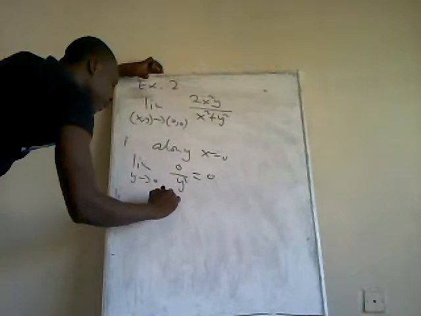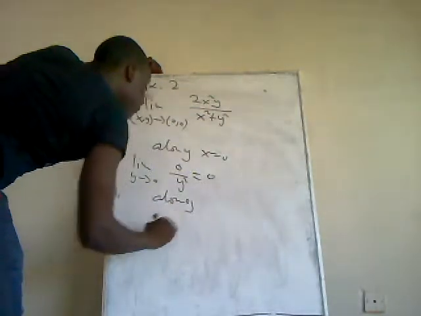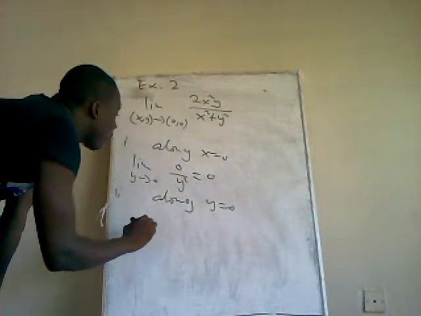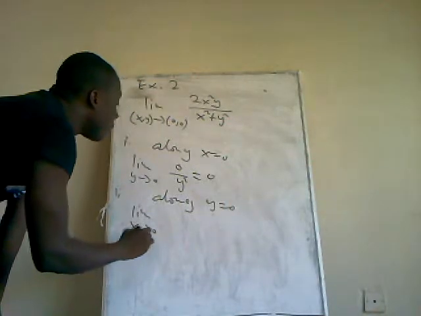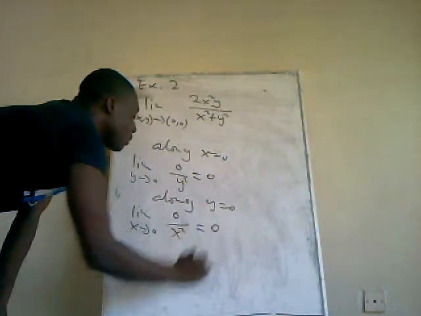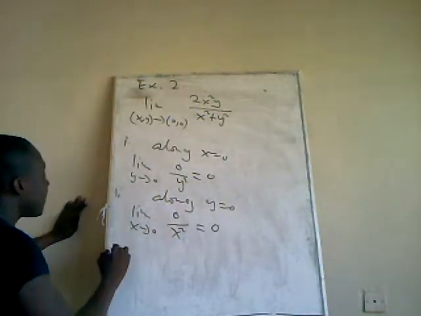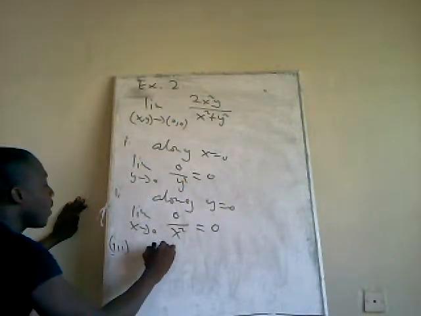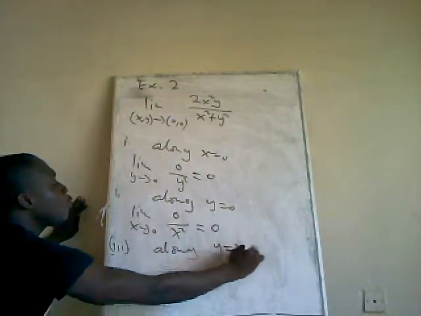We check along the line y is equal to 0. Along y is equal to 0, I will have the limit as x goes to 0. Now if y is 0, the top becomes 0. So 0 over x squared, which is also 0. Next, I check limits along the line y is equal to x.